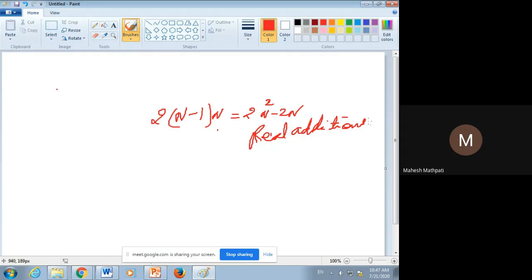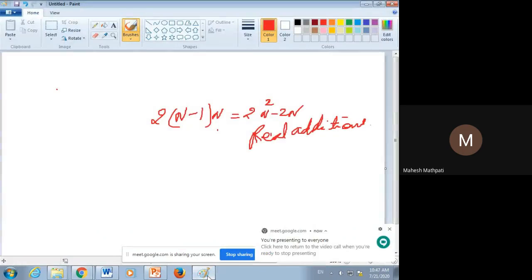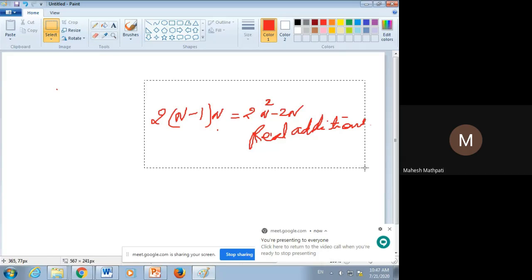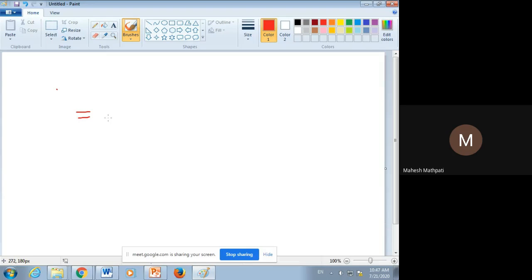Therefore, total real additions in computation of DFT is equal to, anybody tell me the answer? 2N square real additions are there in the first part, right?